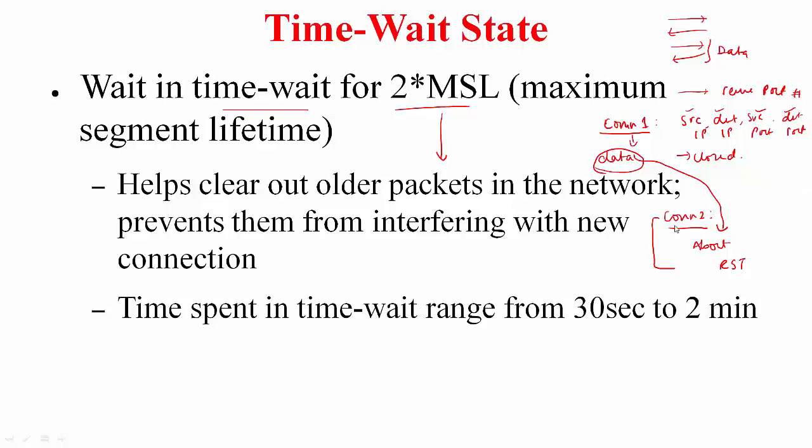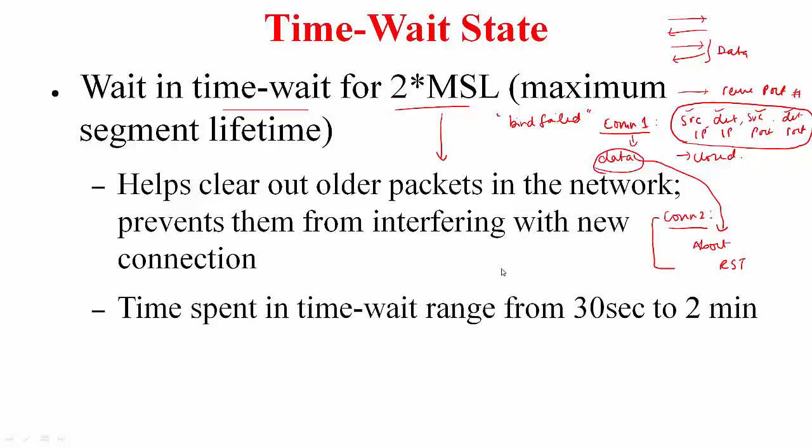Only then you free up that particular socket and the ports, thereby the second connection can be established. So when you're waiting in this time wait state, even if at the application layer you try to reopen the connection with this 4 tuple, you will get that bind failed. So this was mentioned as part of the socket programming tutorial also.